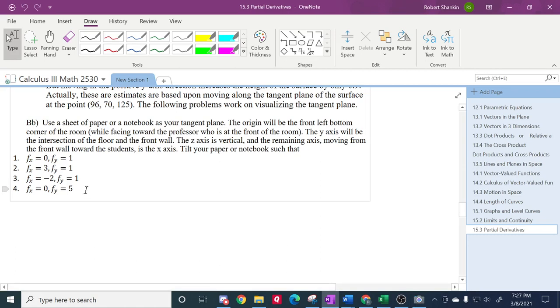Let's do the very last one. Fx is 0, Fy is 5, tilt your paper.